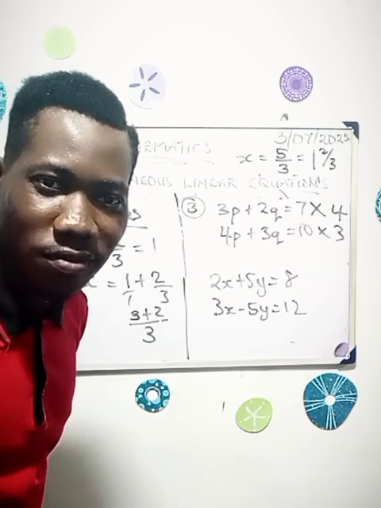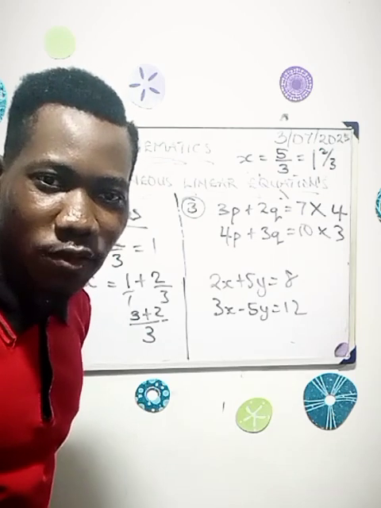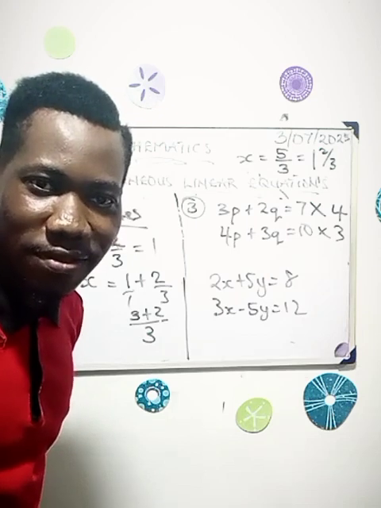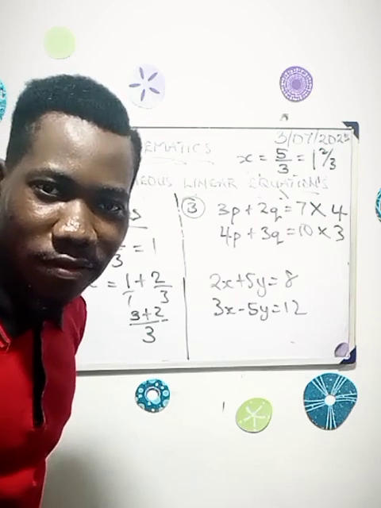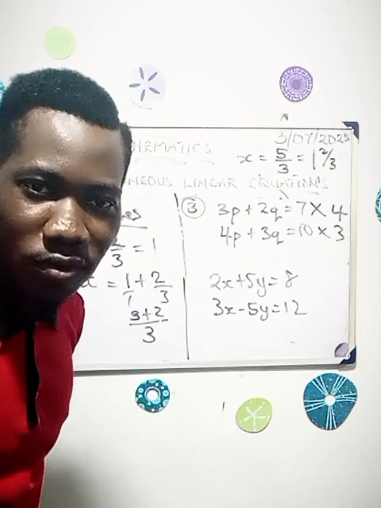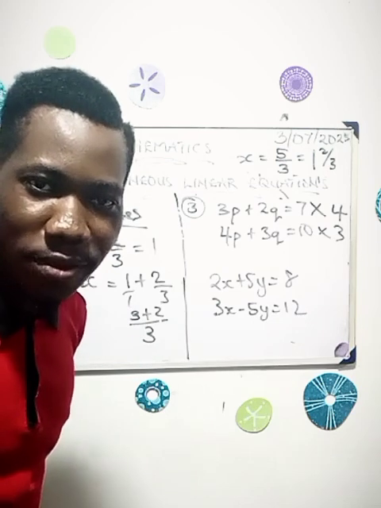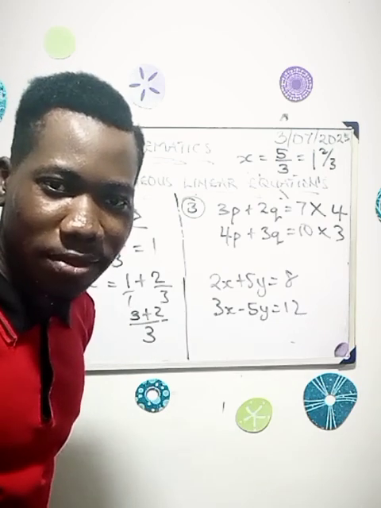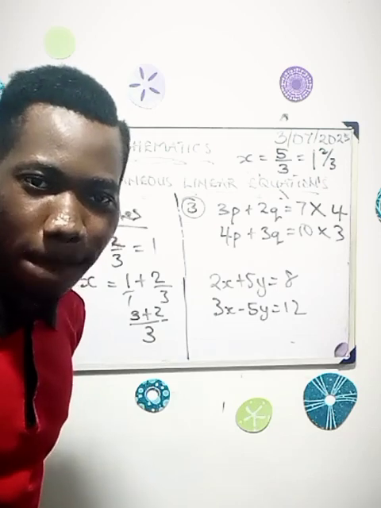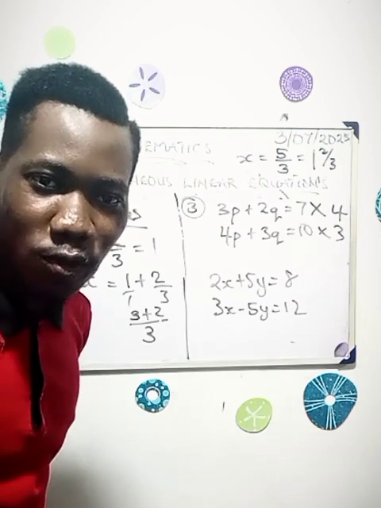Nicholas says 3 by 2. Multiply equation 1 by 3 and equation 2 by 2.